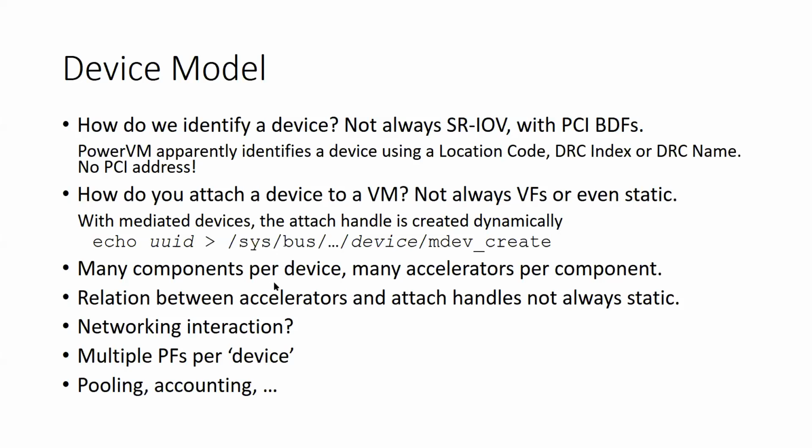There are also many components per device. What does that mean? For example, you could have an FPGA with multiple regions. You could even have a kind of device in the future which is networking enabled, so it has a networking portion and also an FPGA portion. It's a kind of smart NIC or networking accelerator, whatever you want to call it.